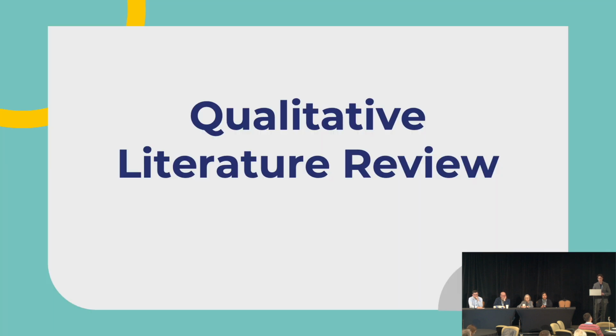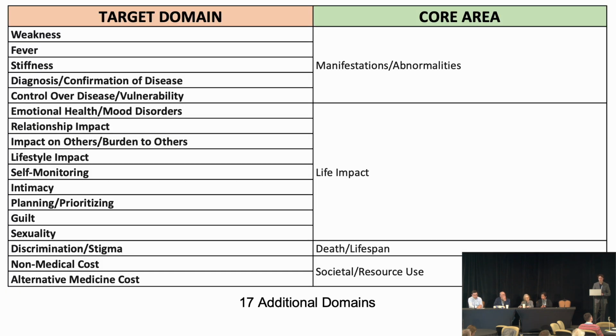Now I'll be going over the additional domains found in the qualitative literature review. Here we had 17 additional domains. In the manifestations area, we had weakness, fever, stiffness, diagnosis and confirmation of disease, control over disease, and vulnerability.